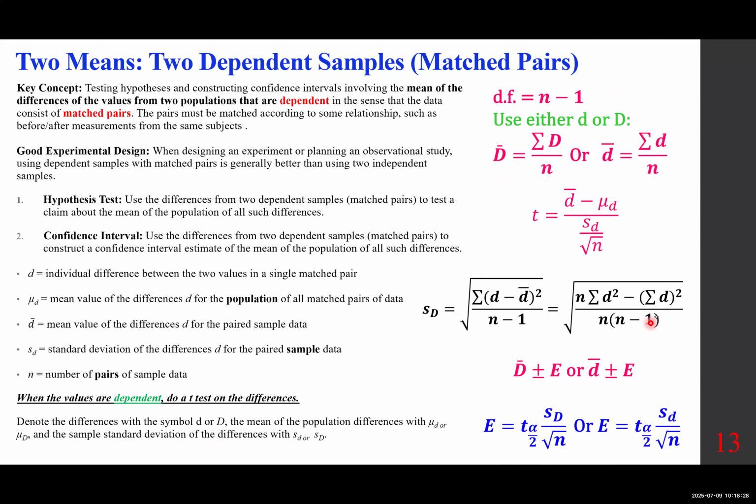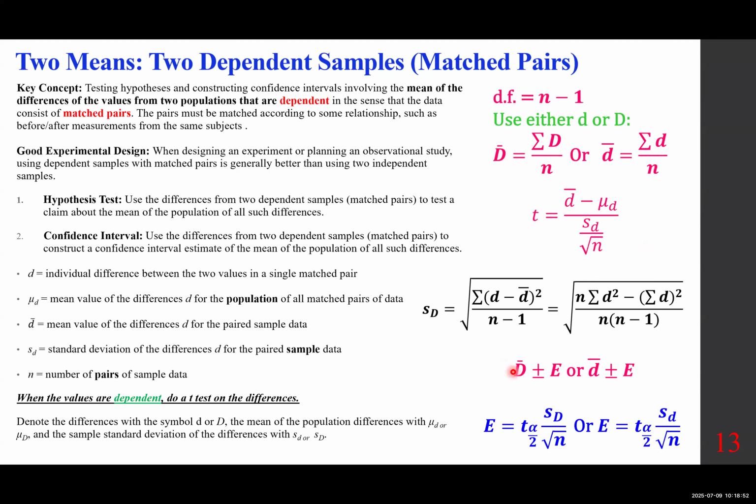And here are the formulas. Now, what I want to discuss, the t, I hope you remember the t for a sample mean was X bar minus mu over S over square root of n. In essence, it's really the same thing here. For the confidence interval it was X bar plus minus E, so D bar plus minus.